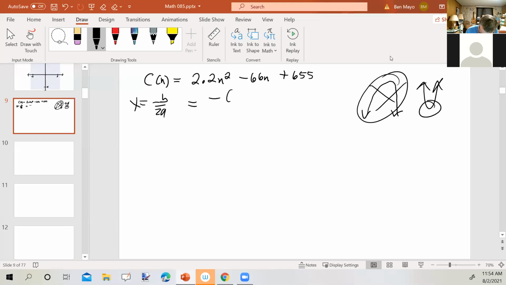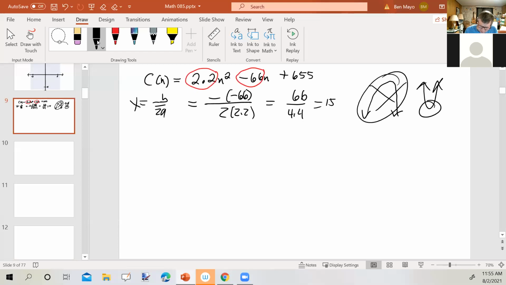Negative b would be negative times negative 66 over 2 times 2.2. Because this is a, this is b. Negative times negative is positive 66 over 4.4. Let's go to the calculator. 66 divided by 4.4 comes out to 15.